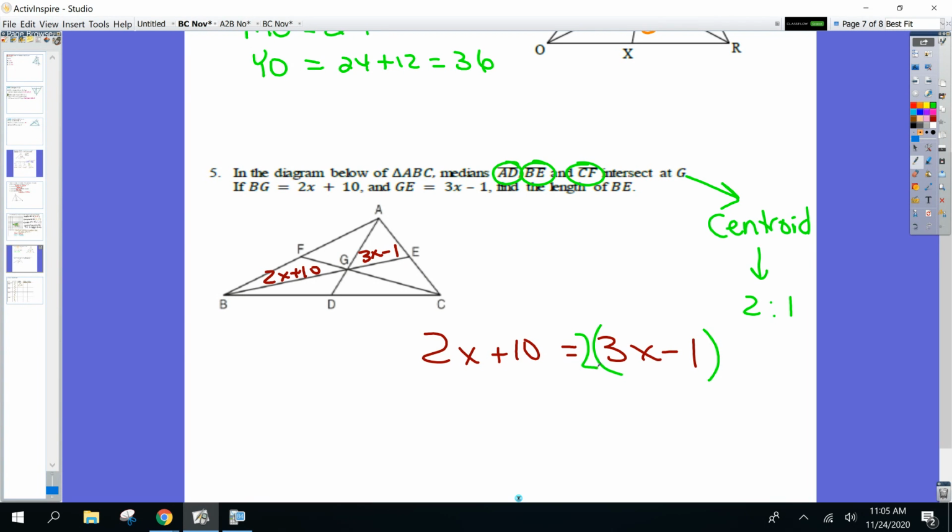I'm going to finish it myself and write my answers up here, and once you and I match, then we're good to go. Actually, there's still one other thing.